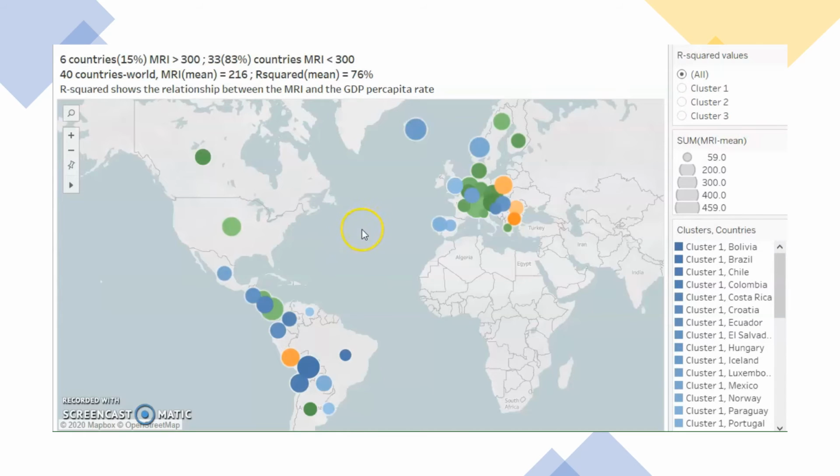So with this information, it is demonstrated that the real GDP per capita growth rate is a function of the MRI because the R square is high, and that is the second important thing that we have to demonstrate, to prove.